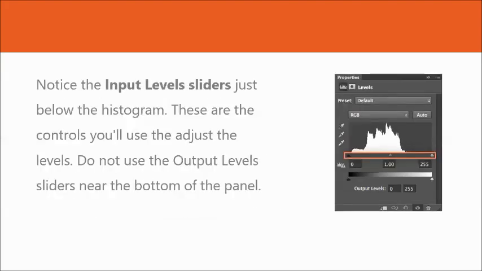Notice the input levels slider here, just below the histogram. These are the controls we'll use to adjust the levels. Do not use the output levels sliders near the bottom of the panel.